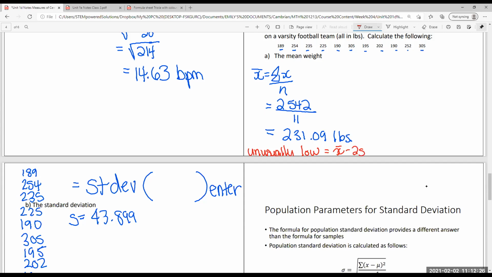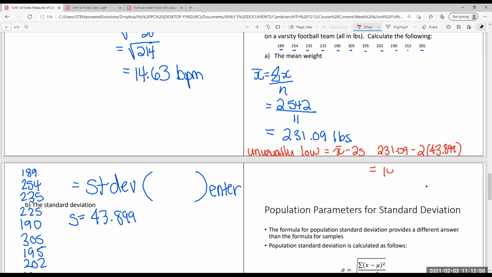So this equals 231.09 minus 43, or it's actually going to be 2 times 43. And then that's equal to 231 minus 2 times 43.899.